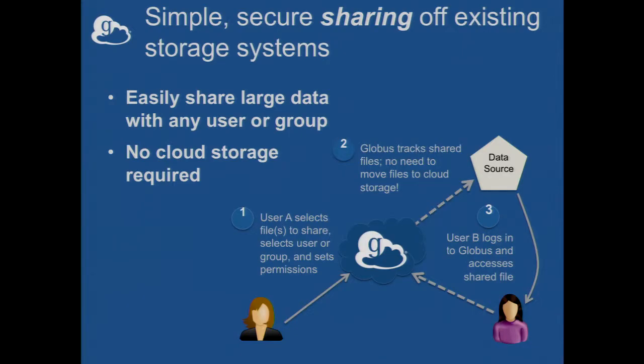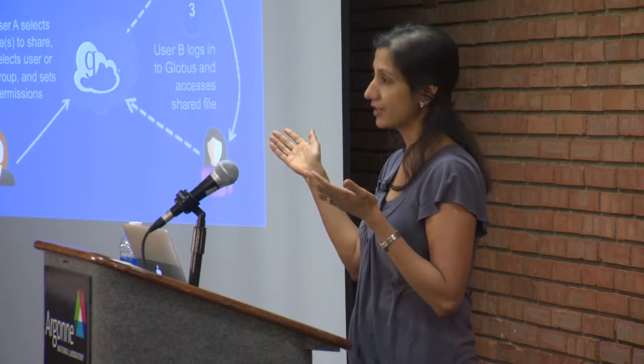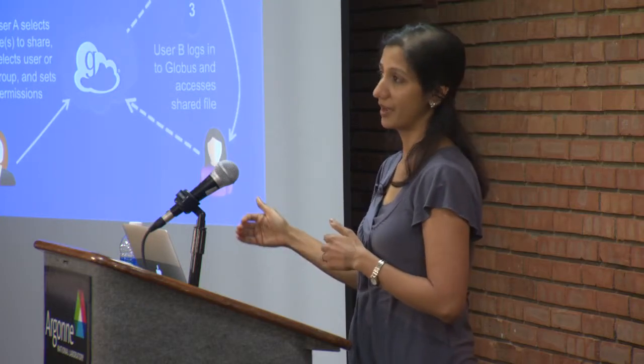So a classic example of its use is we have some climate scientists who run simulations on Mira at ALCF, right? But all they want to do is take subsets of that data and make it available to their users. So we have another Globus storage system that's running that has Globus sharing enabled. So he just puts the data that he wants to share there and sets read permissions to his group of collaborators.